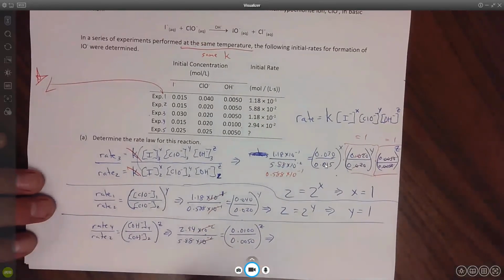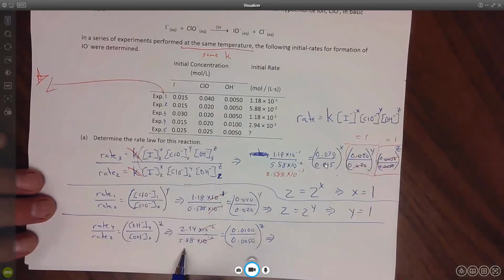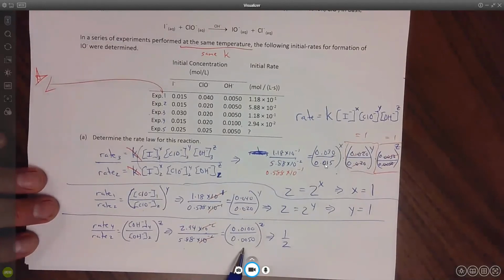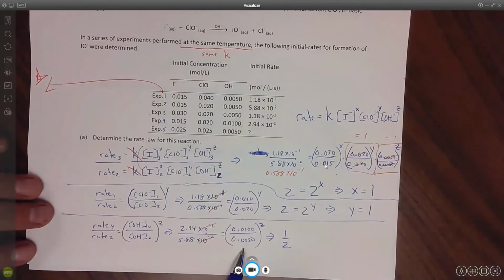So what is 2.94 divided by 5.88? 1/2, right? It's actually 1/2 this time. And what about 0.01 divided by 0.005? Michael, what's 0.01 divided by 0.005?